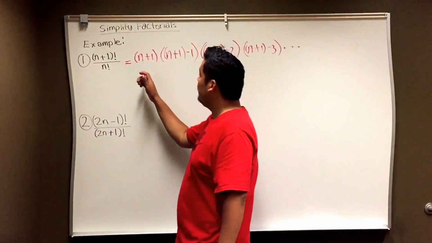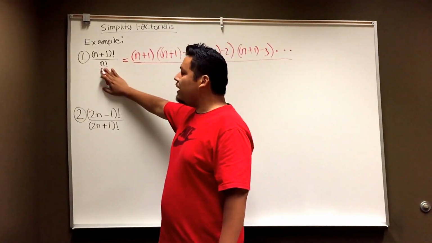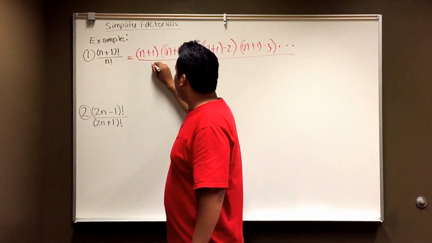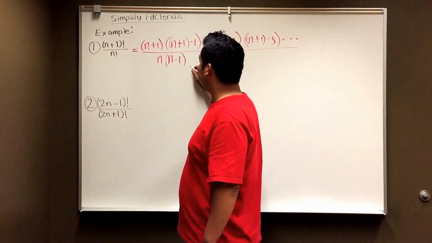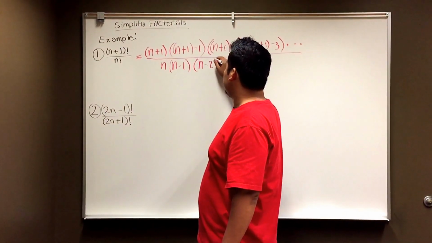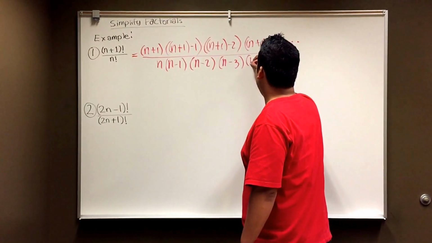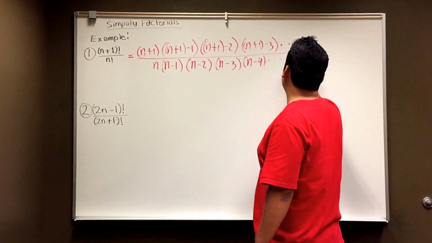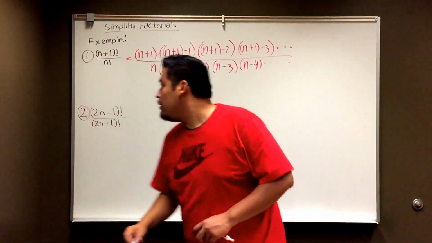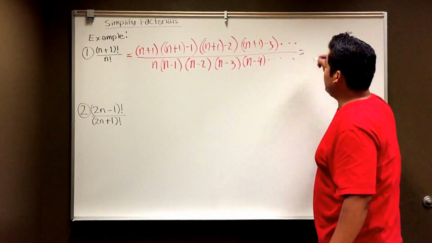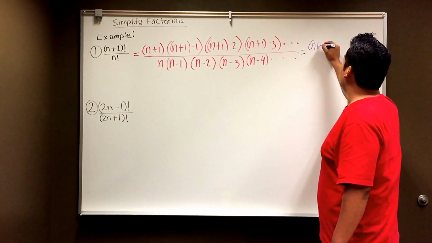Now going over the bottom part, our denominator, we can expand n factorial the same way. So this will be n times n minus 1 times n minus 2, n minus 3, n minus 4, and so on. Now if we try to simplify this, our first term will be n plus 1.